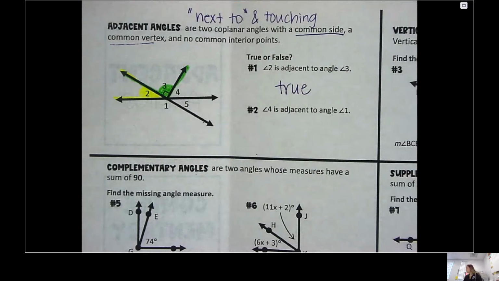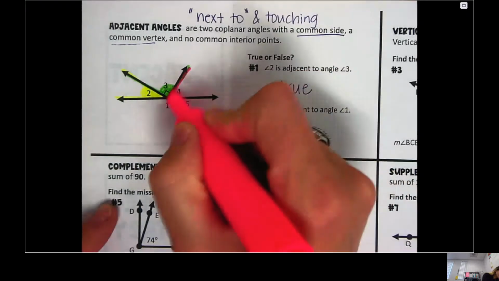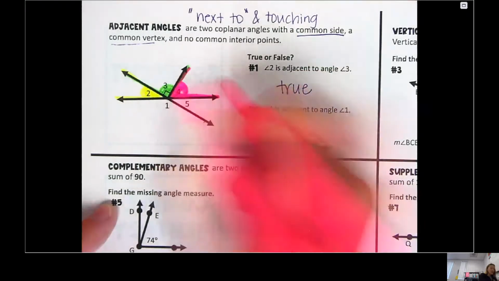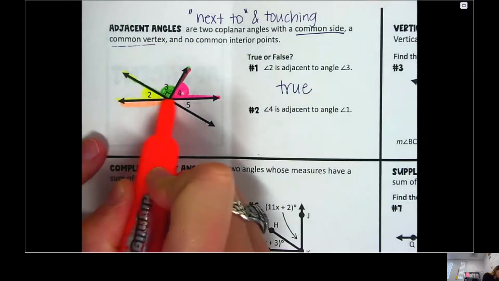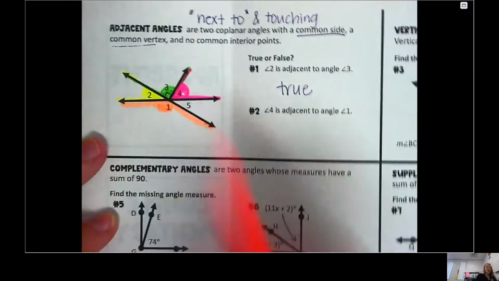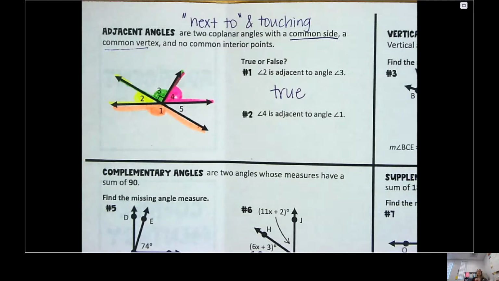Angle 4 is adjacent to angle 1. Here's 4 in pink, and here's angle 1 in orange. Are those 2 angles next to each other?